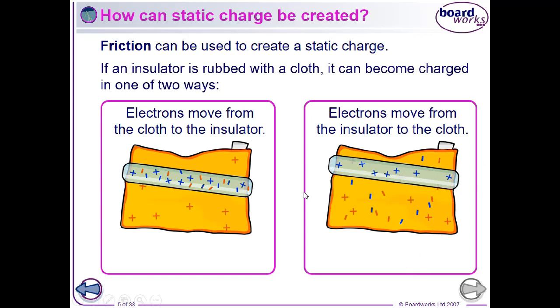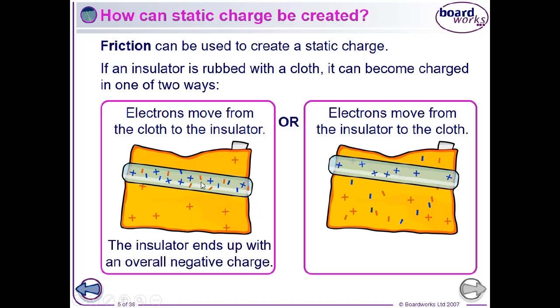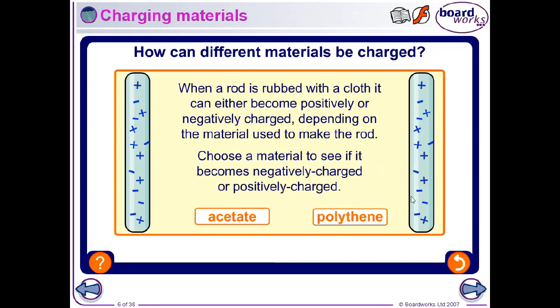Either the insulator can get positively charged because it loses electrons, or it can get negatively charged because it gains electrons, depending on what each of these materials is made up of. So here we've got overall negative charge on the insulator, and here we've got overall positive charge on the insulator.